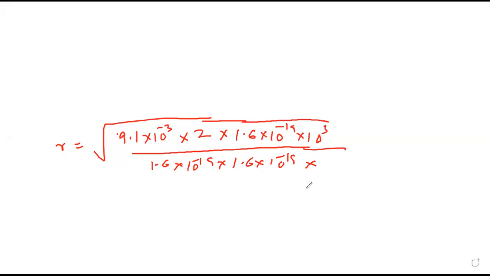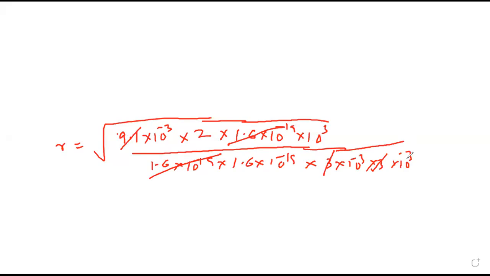And below is b square, which means 3 millitesla squared, 3 into 10 raised to minus 3, 3 into 10 raised to minus 3. Any more term or only this much? Only this much.